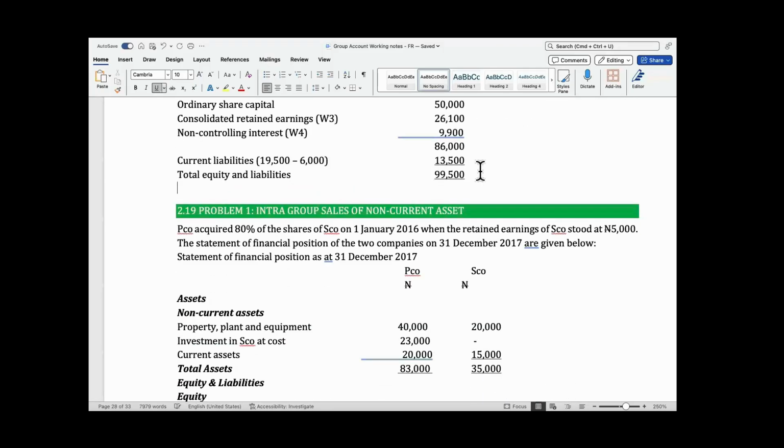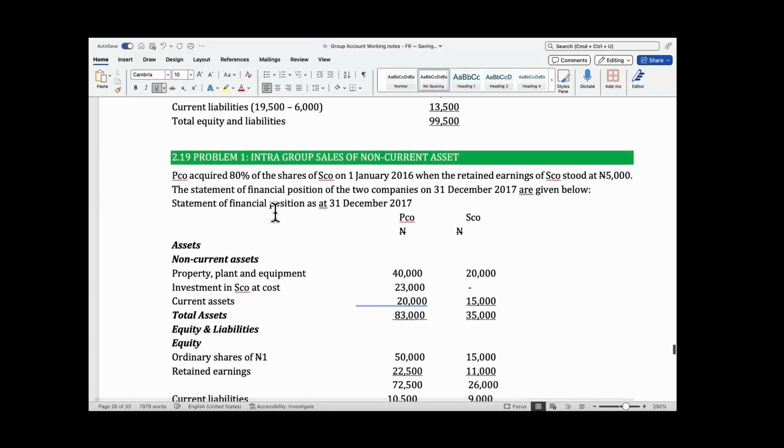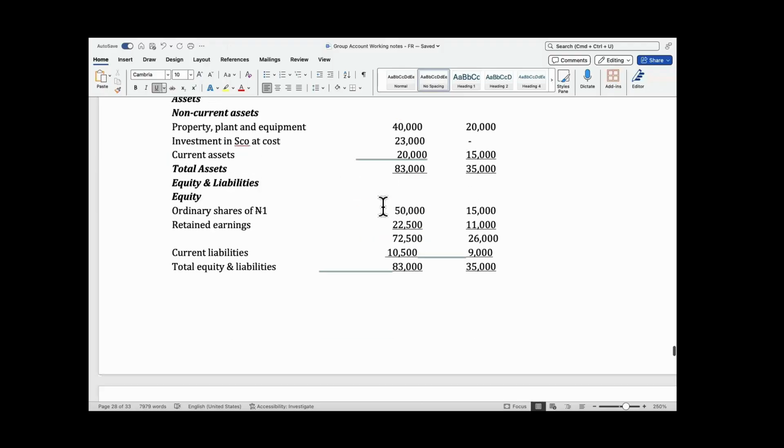Now, this one is talking about intragroup sales of non-current assets. Here they stated that PICO acquired 80% of the shares of ESCO on 4 January 2016, when the retained earnings of ESCO stood at 5,000. The summarized financial position of the two companies on 31 December 2017 is given below.